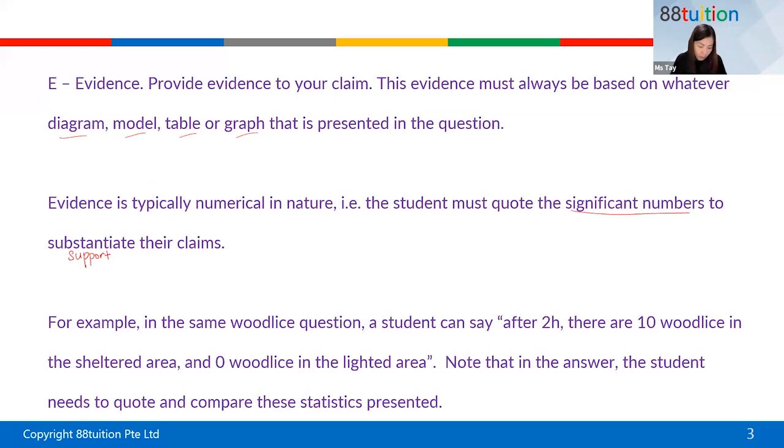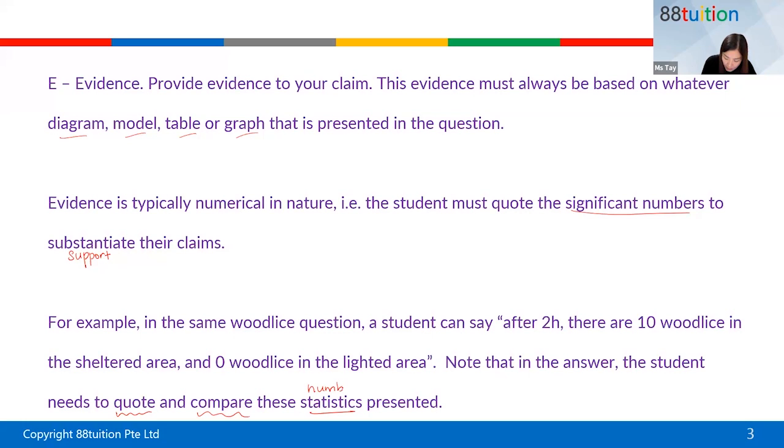For example, for the wood lice question, you can put in the evidence by saying things like, after 2 hours, there are 10 wood lice in the sheltered area and 0 wood lice in the lighted area. So in this answer, the student already quoted and also compared the statistics.